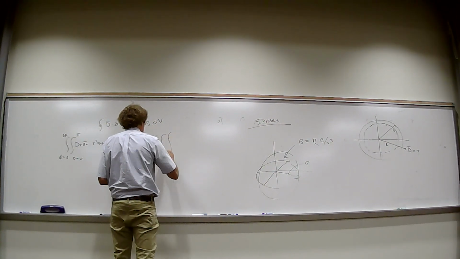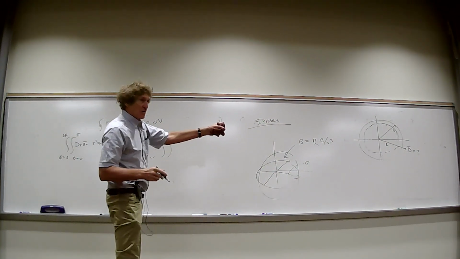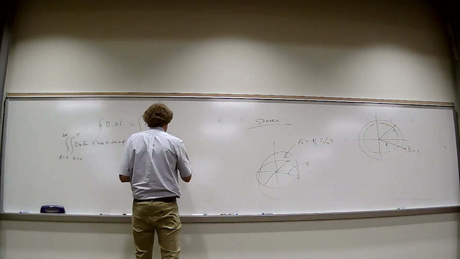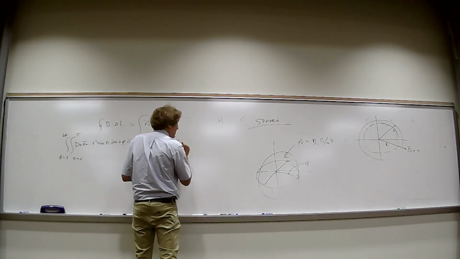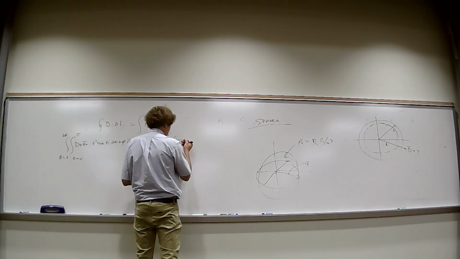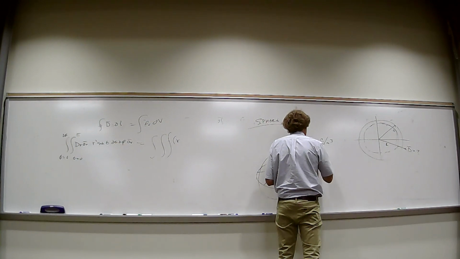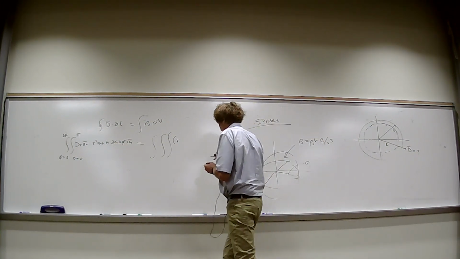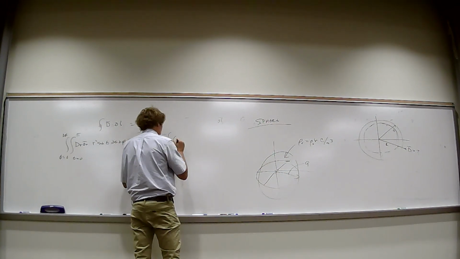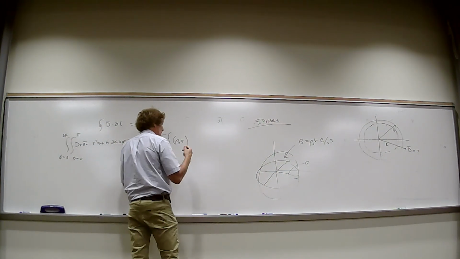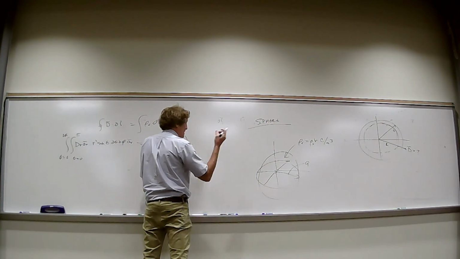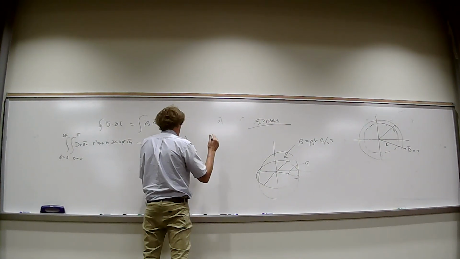Here's where we're going to have to do a little work. This is going to be a triple integral of the charge density, and I'll just call it small r here. Small r, and that's the charge density. What I can do is this. I can say it's rho 0, some constant, times r, times the differential volume.